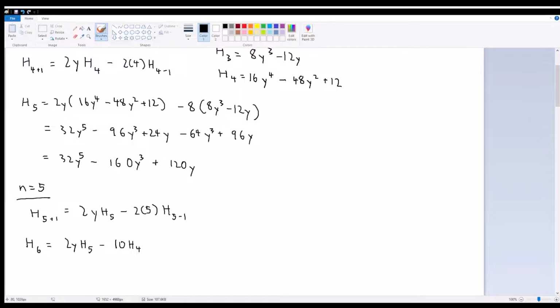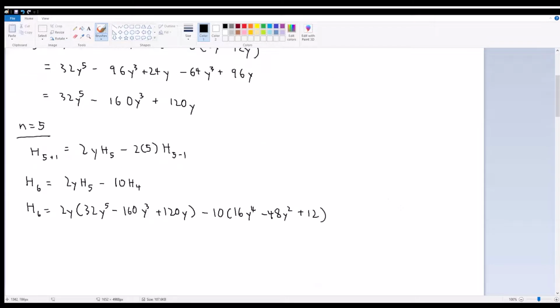We have h5 and h4, so h6 is going to equal 2y times h5, which we solved as 32y to the fifth minus 160y cubed plus 120y, and then subtracted by 10 times the fourth Hermite, which is 16y to the fourth minus 48y squared plus 12.